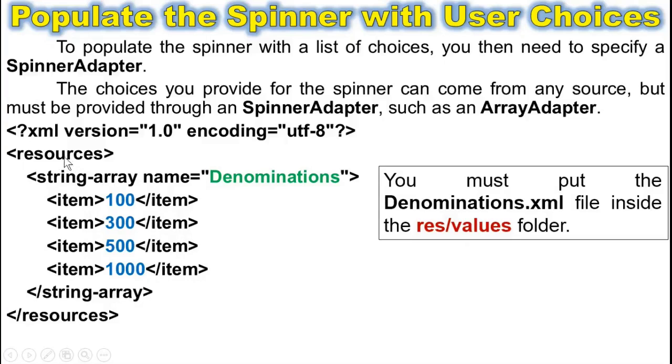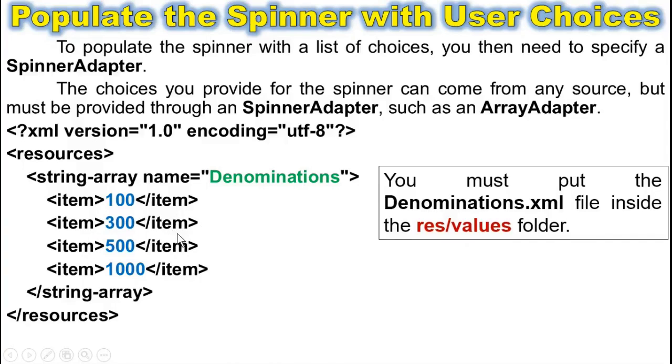First, write the XML header followed by the resources element tag, followed by the string-array tag with a name value. You then specify the string array name. In this example, it is named denominations. To place the set of values, we place each value between the item and /item pair of tags.